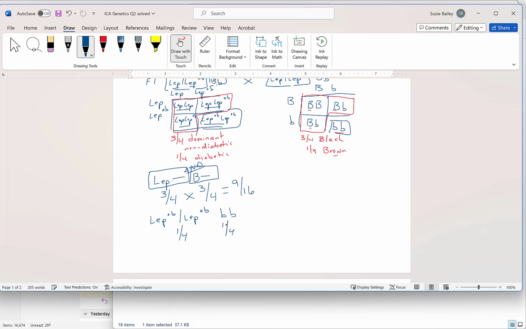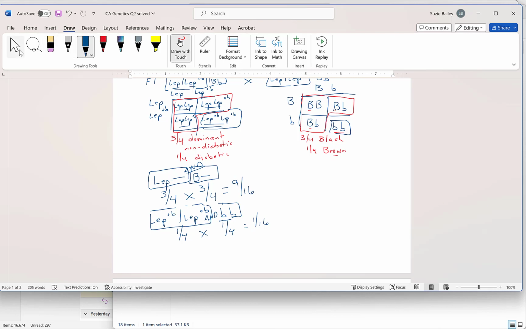And because we want these two gene allele combinations in the same animal, this is an and, we want lep-OB, lep-OB, and little b, we are going to multiply these individual probabilities, and we come up with 1 out of 16, right?